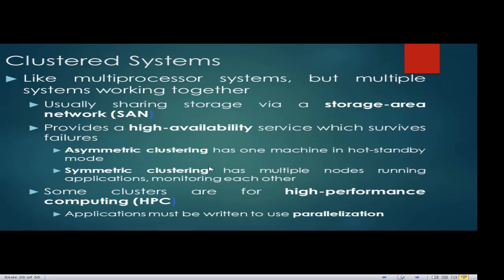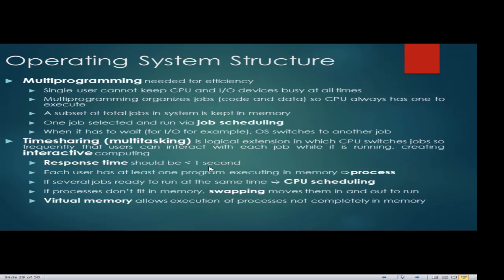Now, some clusters are for high performance computing. Applications must be written to use parallelization. So operating system structure talks about multiprogramming, needed for efficiency. A single user cannot keep the CPU and I/O devices busy at all times.